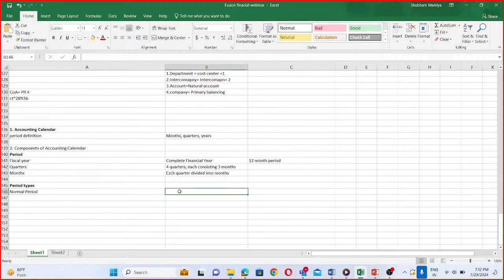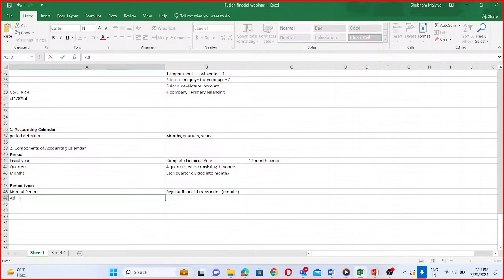A normal period is a standard period used for regular financial transactions, like months. So this is the normal period. Now the second is the adjustment period.